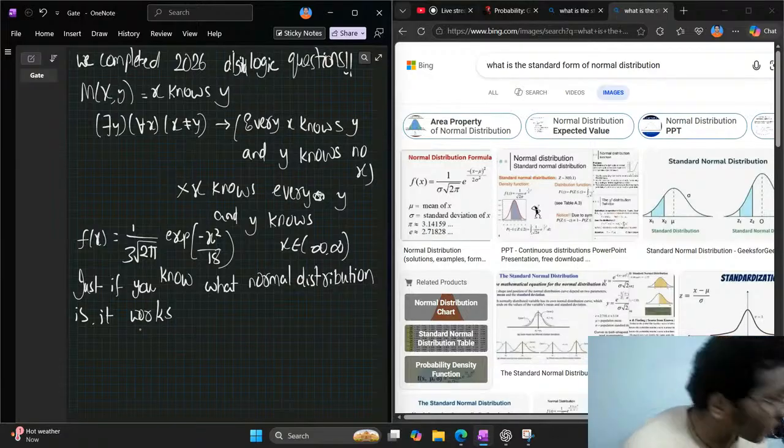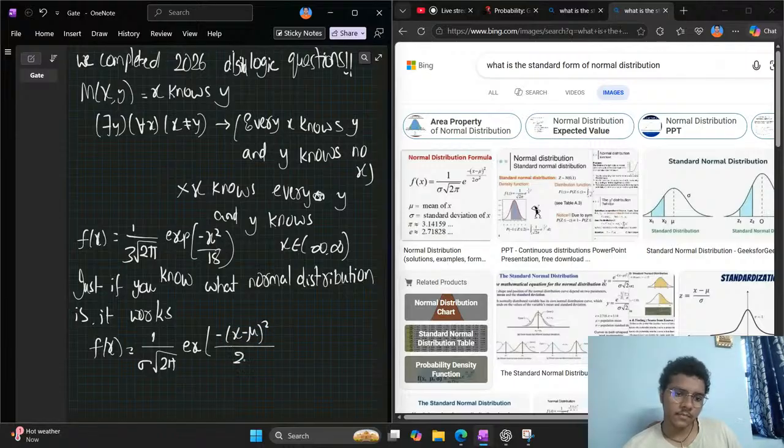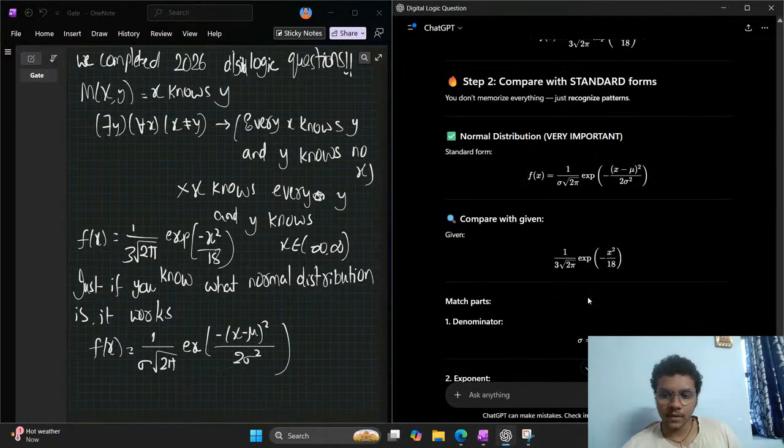We got binomial, Poisson, and f of x is equal to 1 by sigma root 2 pi e exponential minus x minus mu whole square by 2 sigma square.